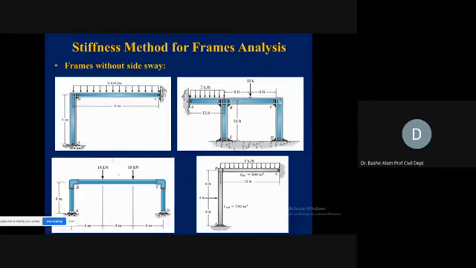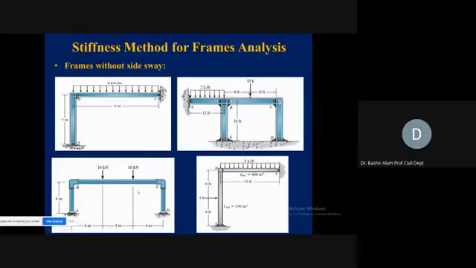What will happen now if we make this loading unsymmetrical? Let's say this 18 kilonewton, I'm just moving to the left. One of the 18 kilonewton loads I'm putting at the middle, and one is at one-third, at 4 meters. So the loading condition will become unsymmetrical, and because of that, this will become a side sway frame.